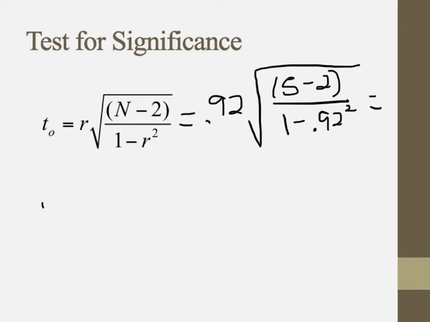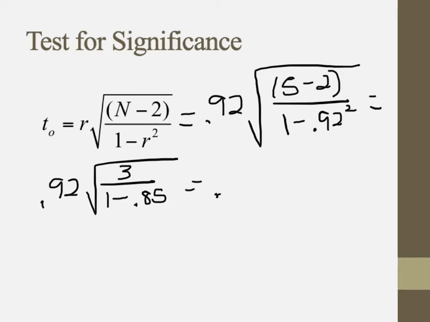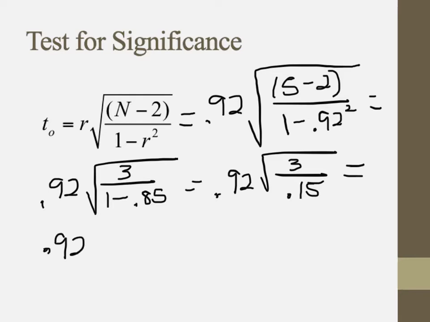So we have 0.92 times the square root of 3 over 1 minus 0.92 squared, which is 0.85 if we're rounding to 2 decimal places. So we're going to have 0.92 times the square root of 3 over 0.15. 3 divided by 0.15 is 20.